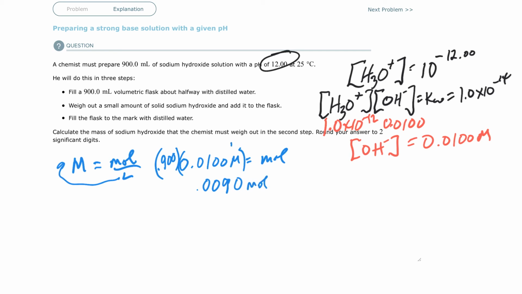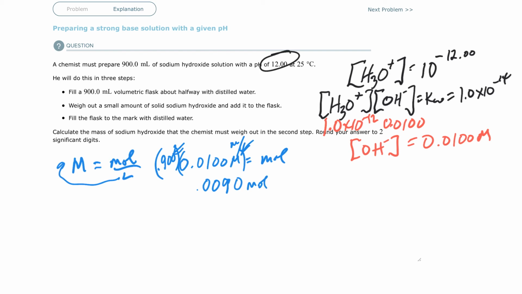Remember that molarity is moles over liters, and this is 0.9 liters, so the liters cancel and you end up in moles. So you now have how many moles of the sodium hydroxide you need to put in the jar.